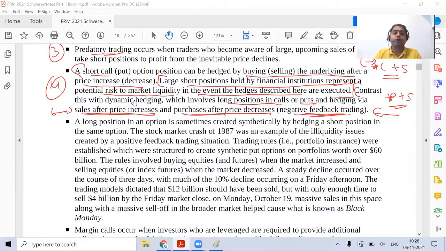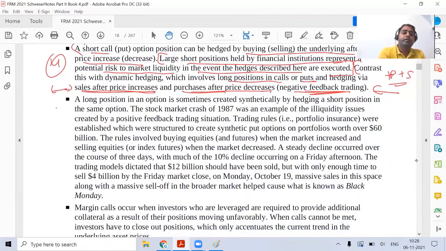All good with this fourth point? I'm moving towards the next point, the fifth point. Mark the fourth point as star. Something different, so you should remember it that way.